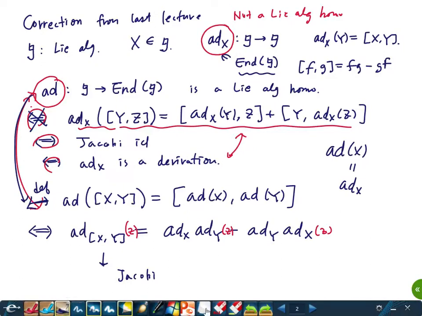Then let's continue from the last lecture. So last time we defined this. So G, the matrix Lie group in GL(n, C), say.